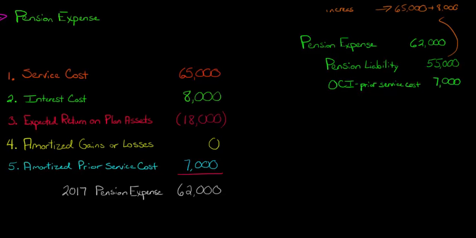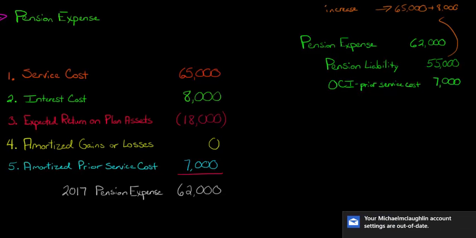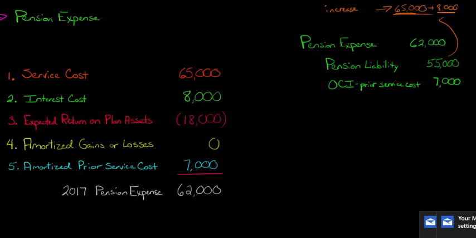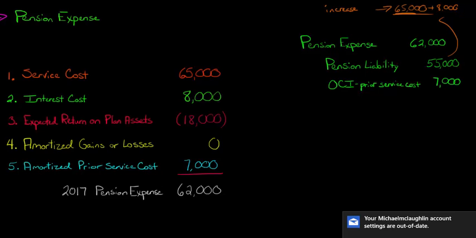The PBO is the projected benefit obligation, right? So the PBO is increased by the service cost and the interest cost. But the plan assets are increased by this expected return, right? So $18,000 we're expecting will increase plan assets.